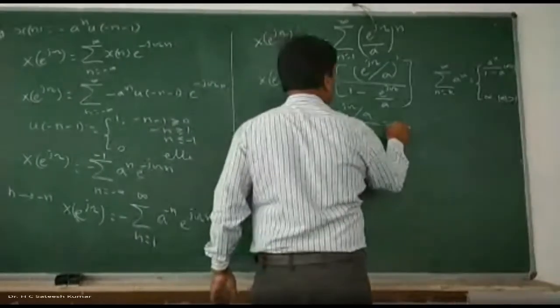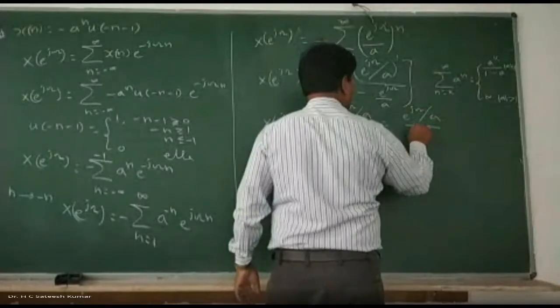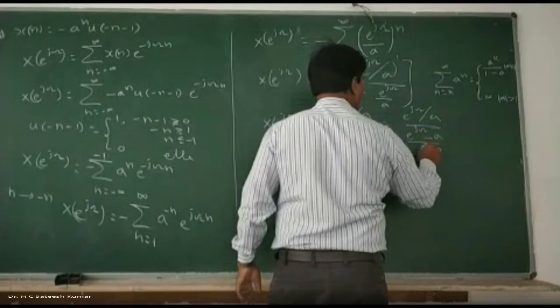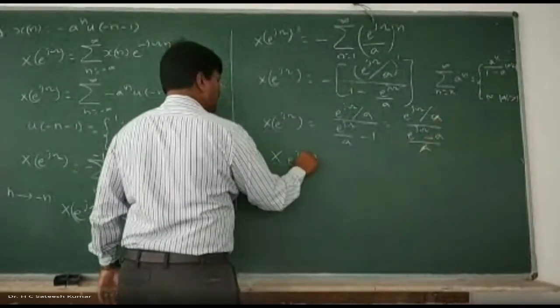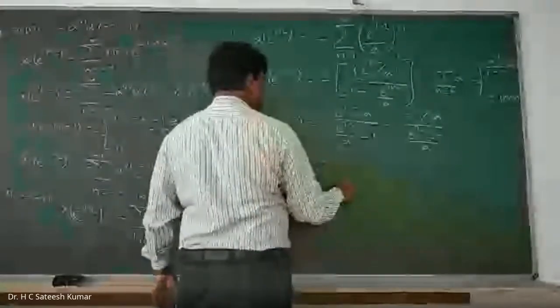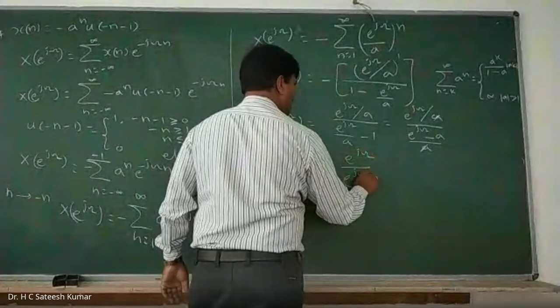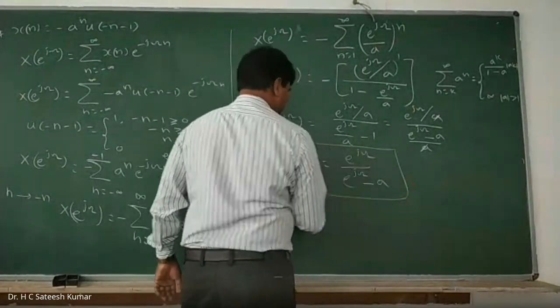So this can be simplified as what? E to the power of j omega divided by a, e to the power of j omega minus a divided by a. This a gets cancelled. X of e to the power of j omega is equal to e to the power of j omega divided by e to the power of j omega minus a. You can write it. This is your DTFT. Okay, right.